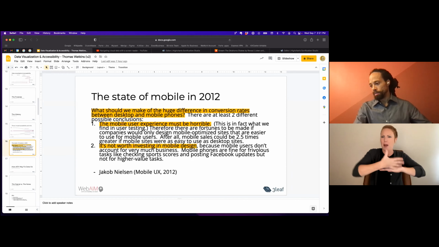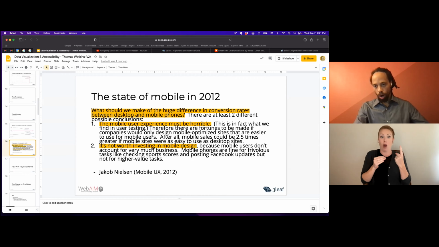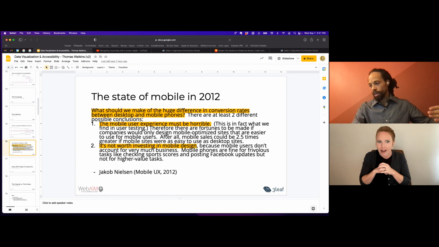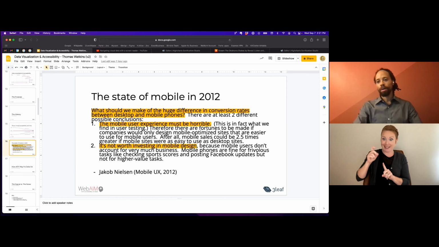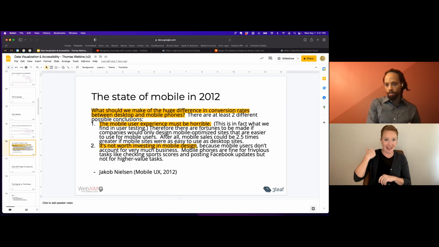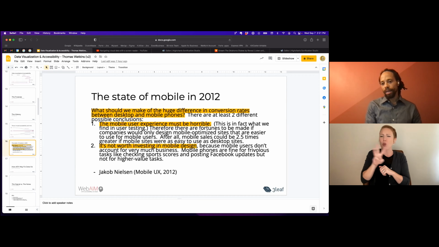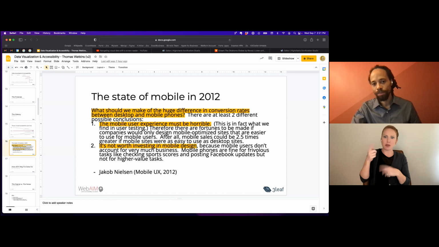One, the mobile user experience must be horrible. And he elaborates on that, but I'm not going to read all of that. Or two, it's not worth investing in mobile design. In other words, this is the top UX expert just 10 years ago, talking about how most of the websites' mobile design was just so horrible that he had to hypothesize why it was so normal for it to be horrible.